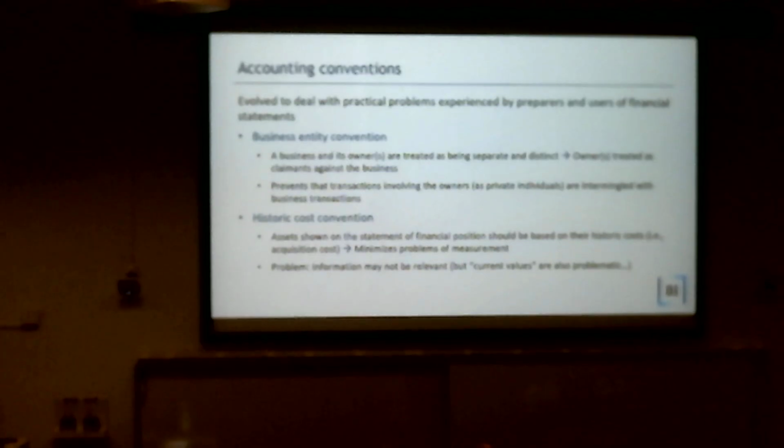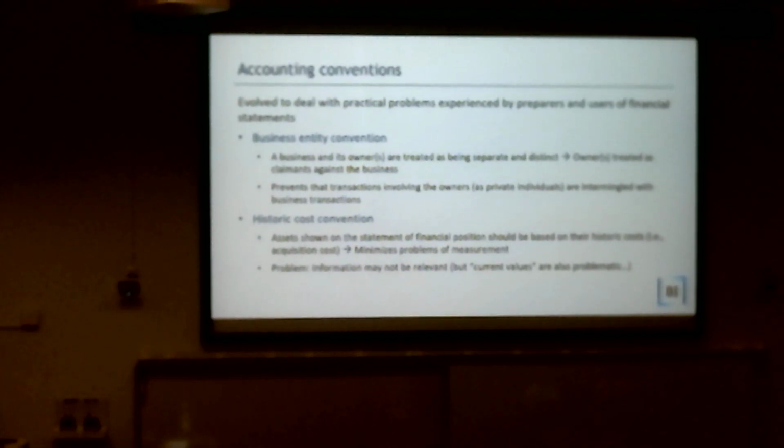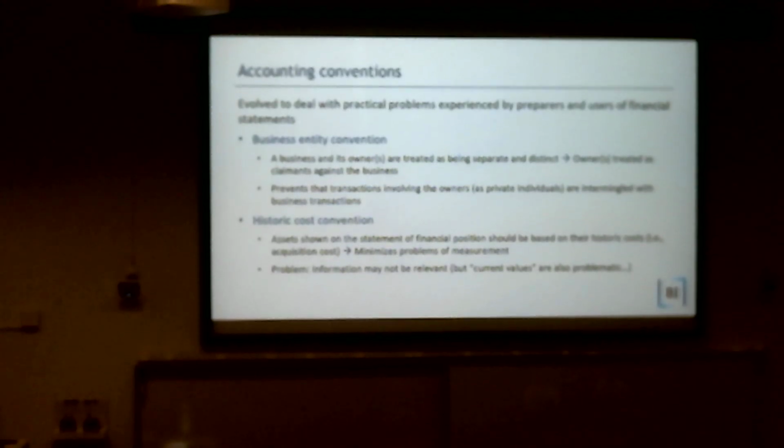Then we have the historic cost convention. So as a starting point, of course, there are a lot of exceptions. We use historic costs when we want to measure the amount we want to put on the balance sheet, right?